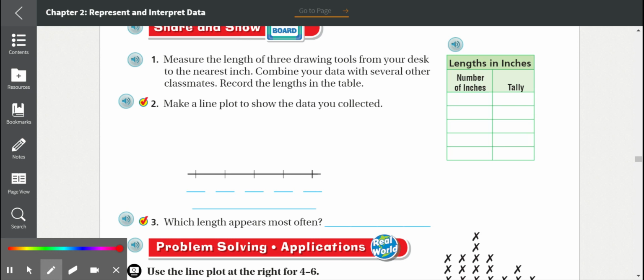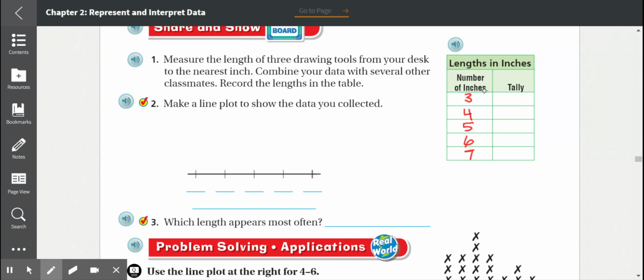So we did this earlier as a class of the kiddos who are doing in person. And we said we measured things that were 3 inches. So over here we have number of inches. So 3, 4, 5 inches, 6 inches, and 7. And then over here is where we counted.